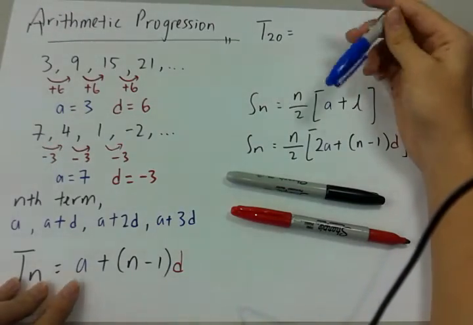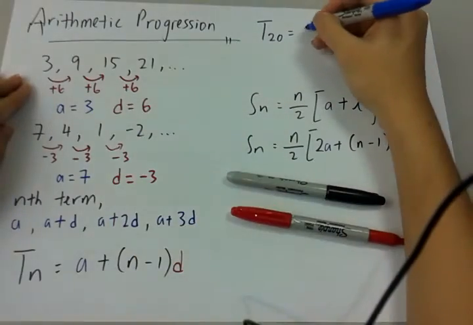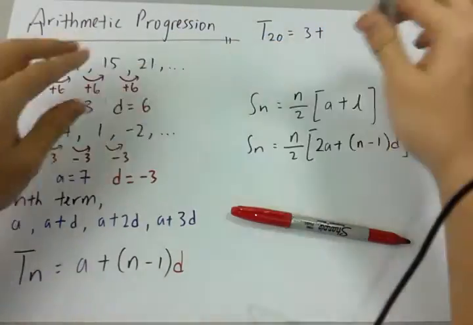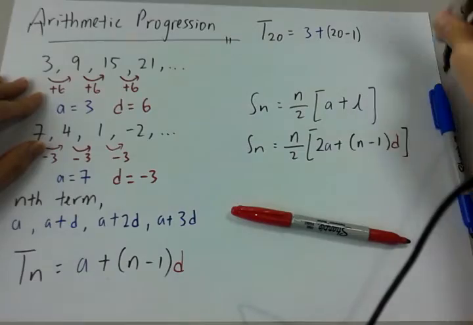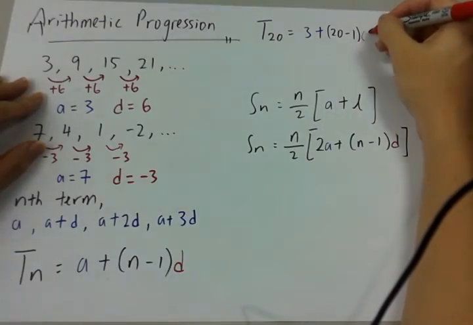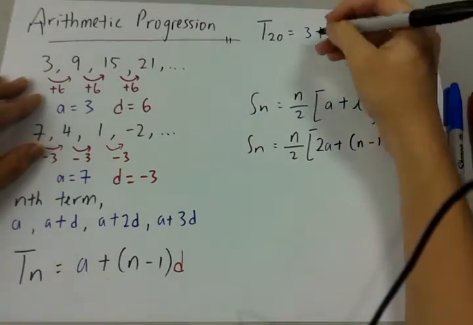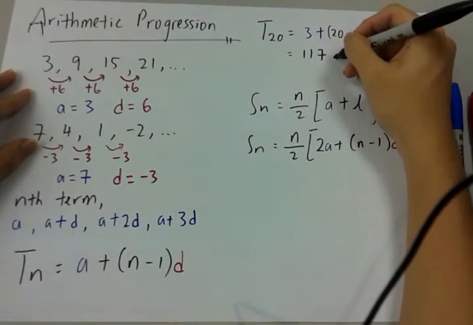So we plug in the numbers. a is 3, plus (n minus 1), and we can see n is 20, so 20 minus 1. Remember to bracket them. And times the common difference, which is 6. Now let's simplify everything down. We get 117.